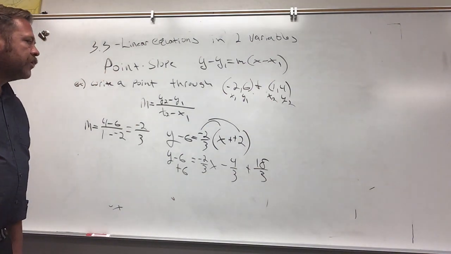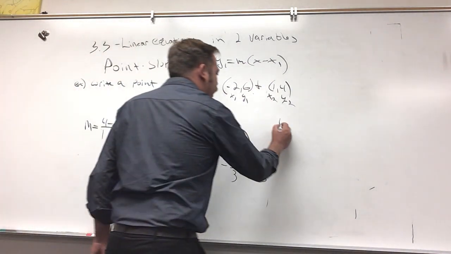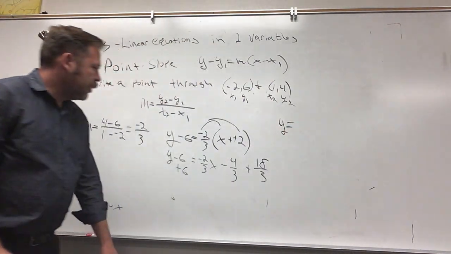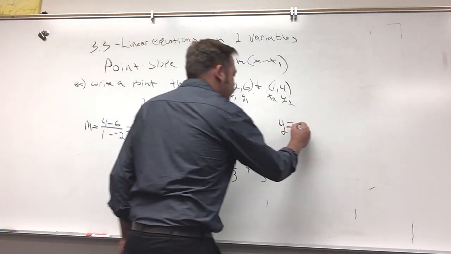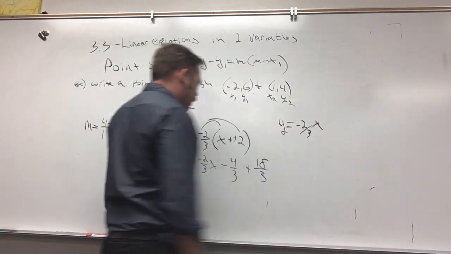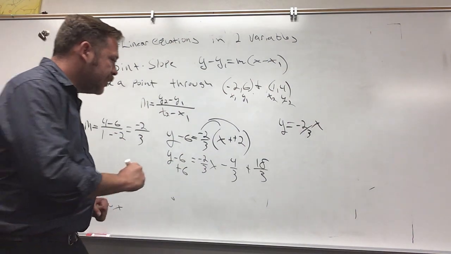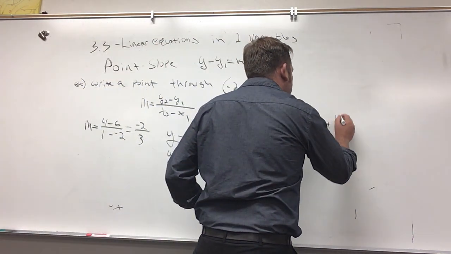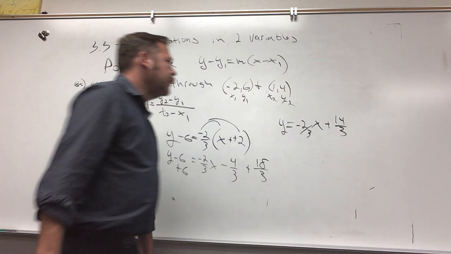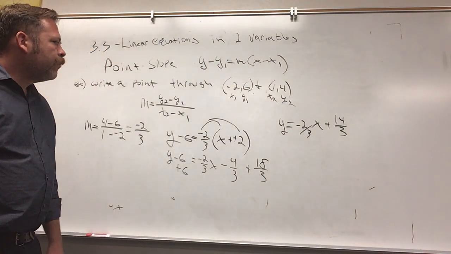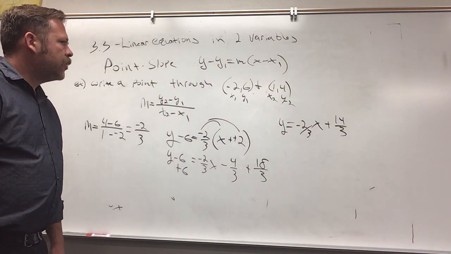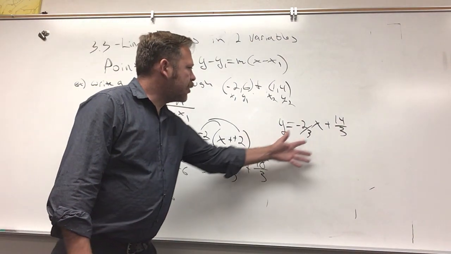All right, so y equals negative 2/3 x, and then negative 4/3 plus 18/3 is plus 14/3. Okay, there we go. So there's my equation in slope-intercept form.